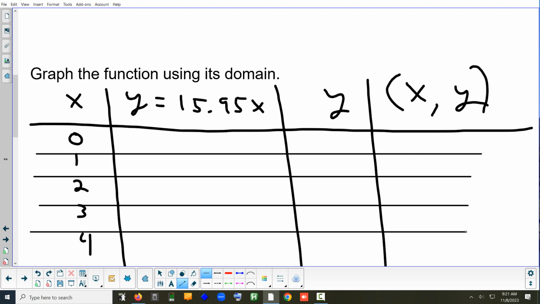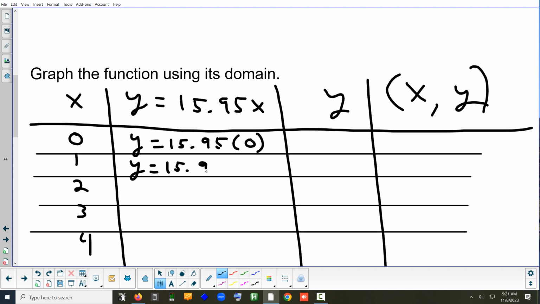Okay, so let's start with 0. Take 0 and fill it in for the x. So y equals 1595 times 0. Okay, the next one, 1595. And what am I going to fill in for x this time? 1.